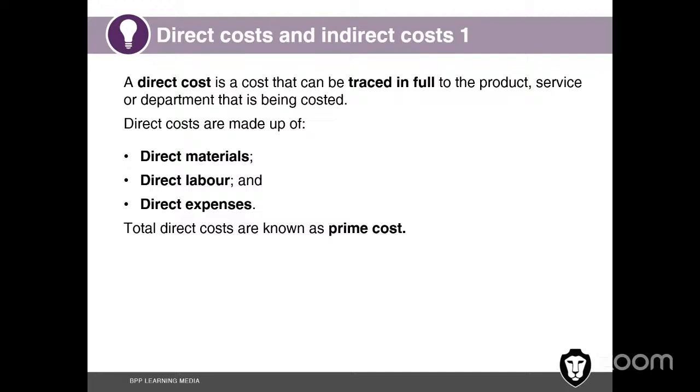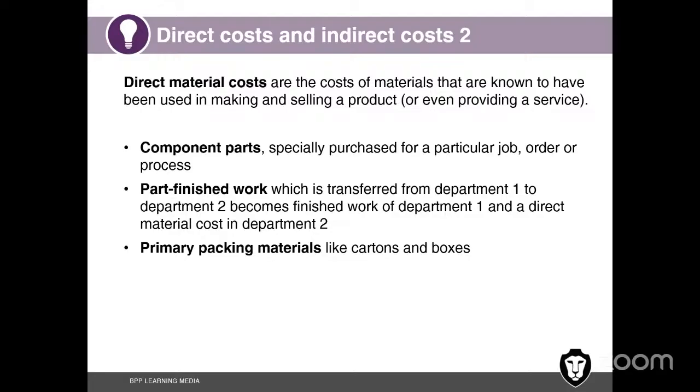Now, all the direct costs, material, labor, and expenses, all of them combined is known as prime cost. This is something you would have been exposed to in manufacturing accounts. It's pretty much the same thing. Direct material cost is the cost of the materials that you have to include in making the product or providing the service.